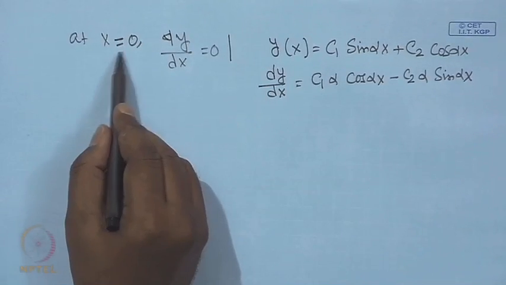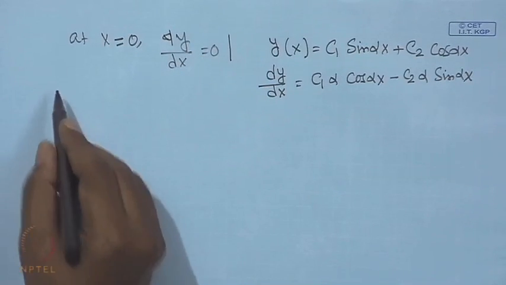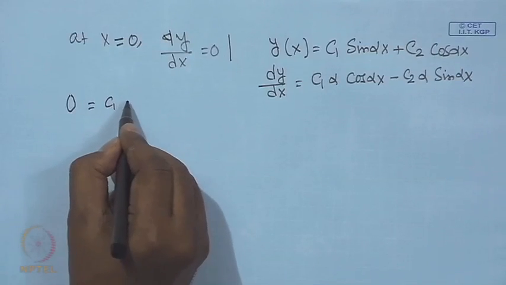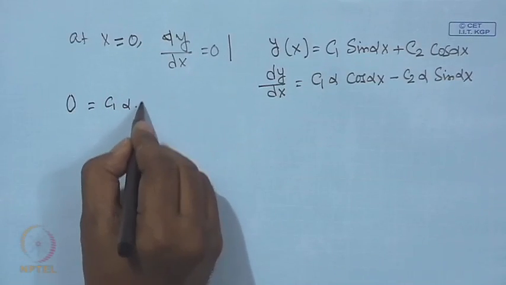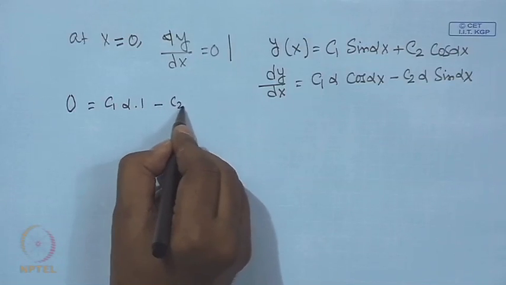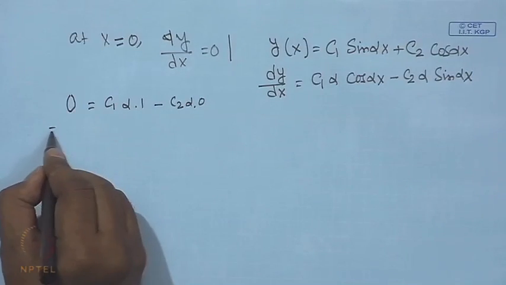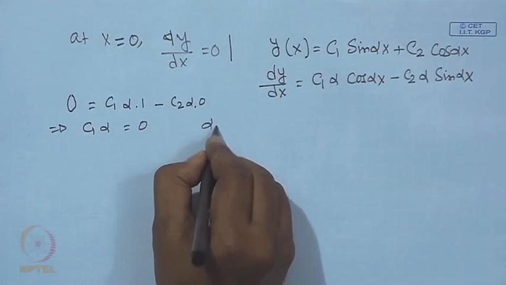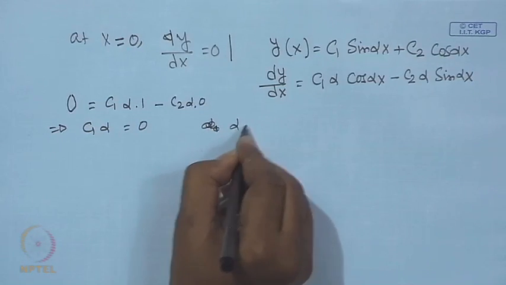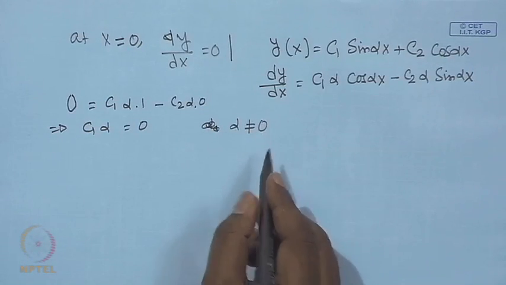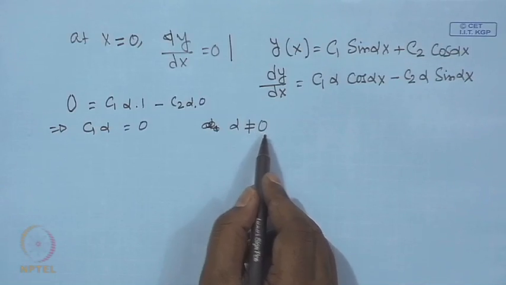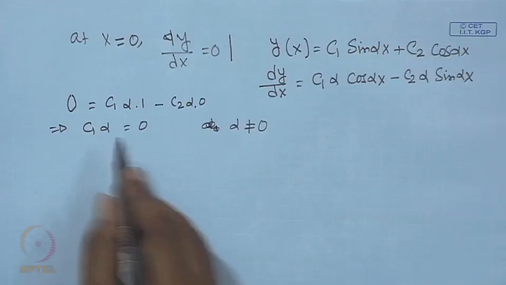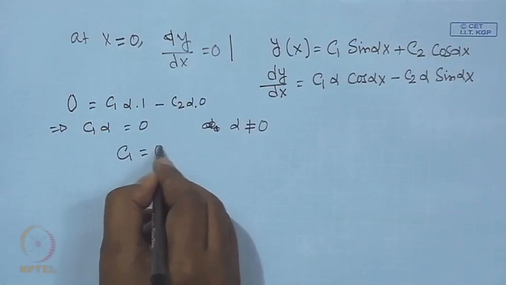Now, putting x is equal to 0, dy dx is equal to 0, what you will be getting is 0 is equal to c 1 alpha cos 0, which is 1, minus c 2 alpha sin 0. So, you will be getting c 1 times alpha is equal to 0. Alpha is not equal to 0, because if alpha is equal to 0, you will be landing with a trivial solution again, and we are not looking for a trivial solution. That means c 1 is equal to 0.